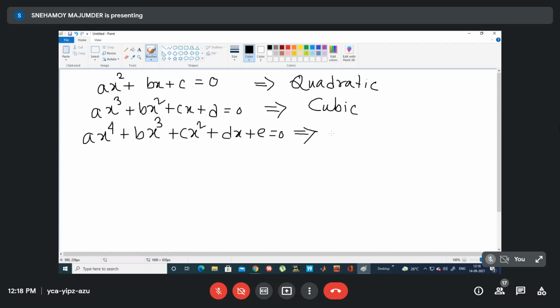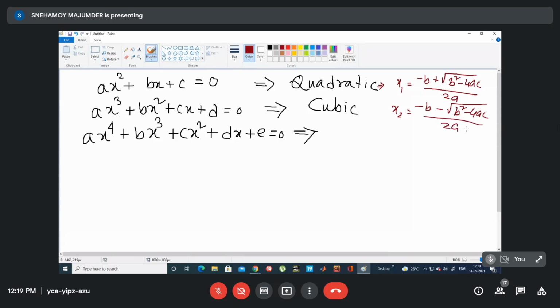So what happens in all this? There is definitely a definite relationship. For example, in this case, x1 equals minus b plus square root of b square minus 4ac divided by 2a, and x2 equals minus b minus square root of b square minus 4ac by 2a.